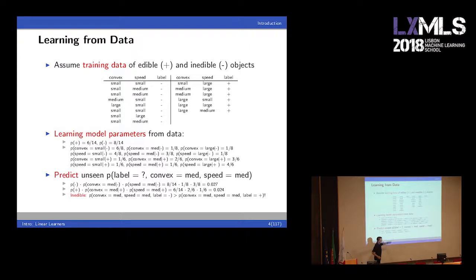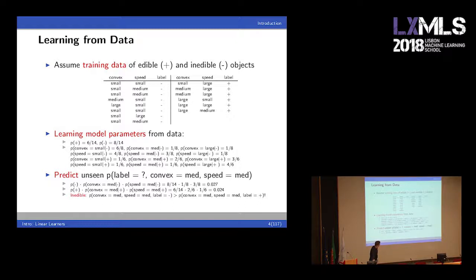Our model predicts that we just multiply the probability of a negative label with the probability of medium convex given negative, also not inedible, and the probability of medium speed. Those parameters we have, we can combine them and make a prediction. The same way for the positive label: what's the probability of being edible and the probability of this feature combination given an edible object.